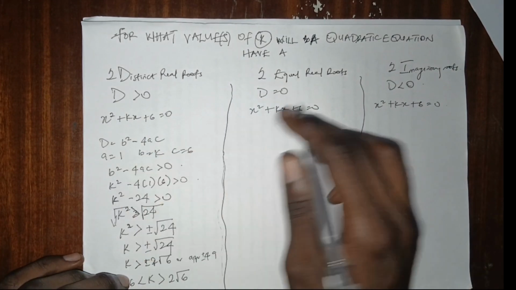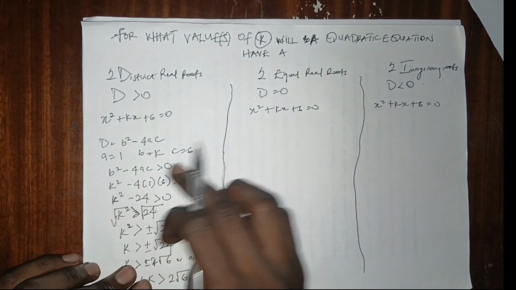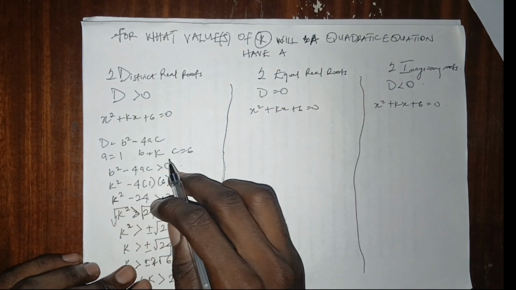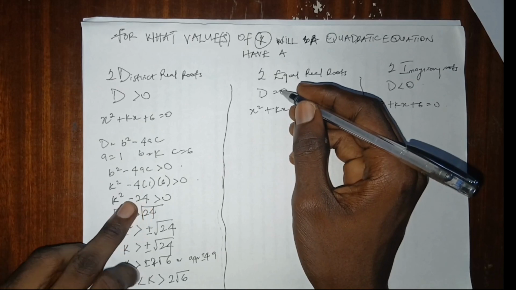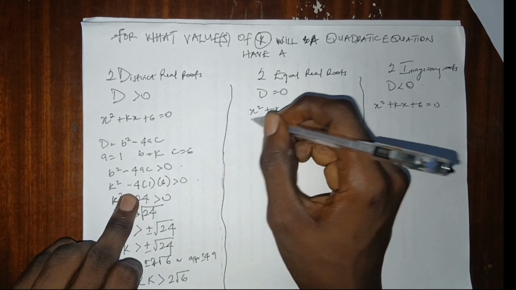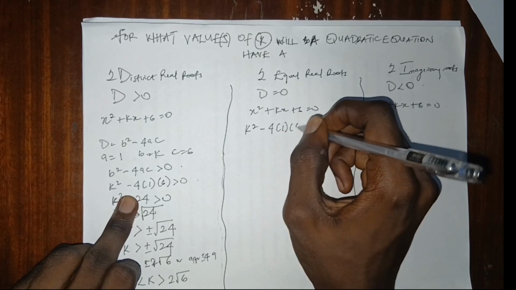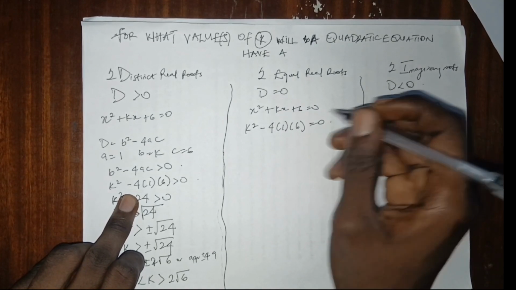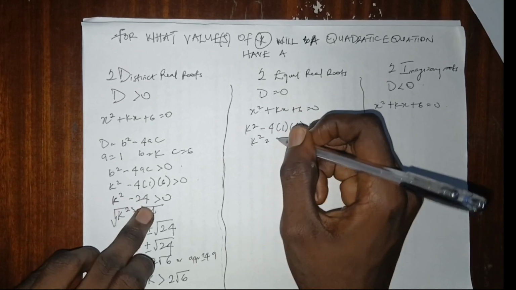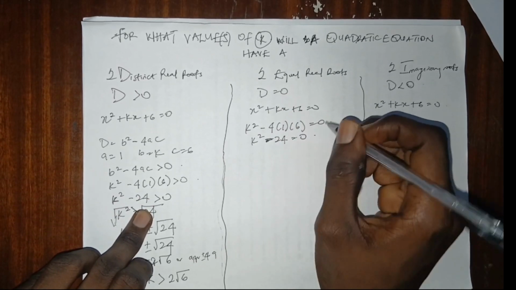So using the same example, we already established that b squared minus 4ac is equal to 0. So just change this to equals. So you have k squared minus 4 times 6 equals 0. So k squared minus 24 equals 0.